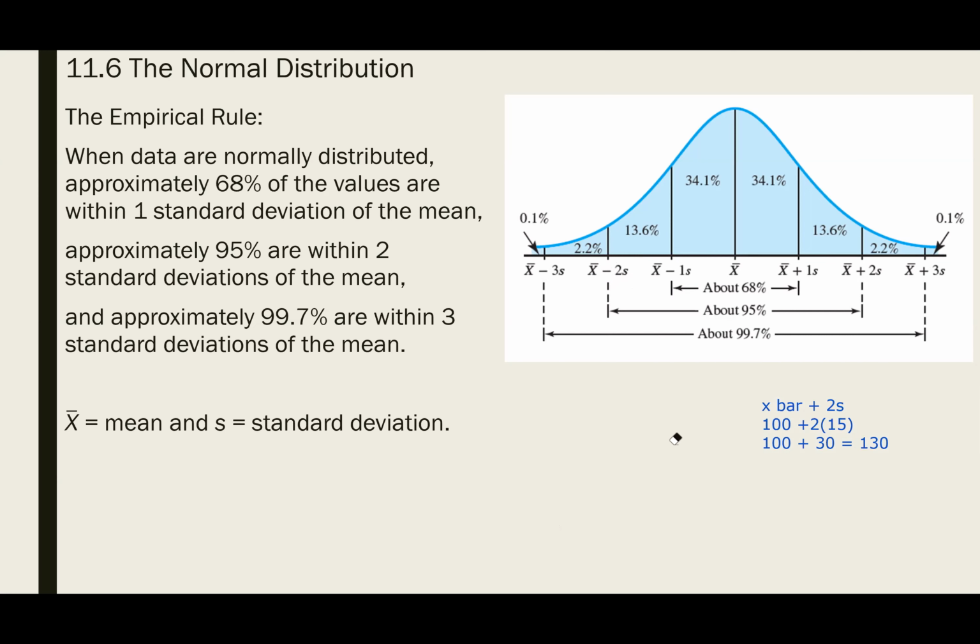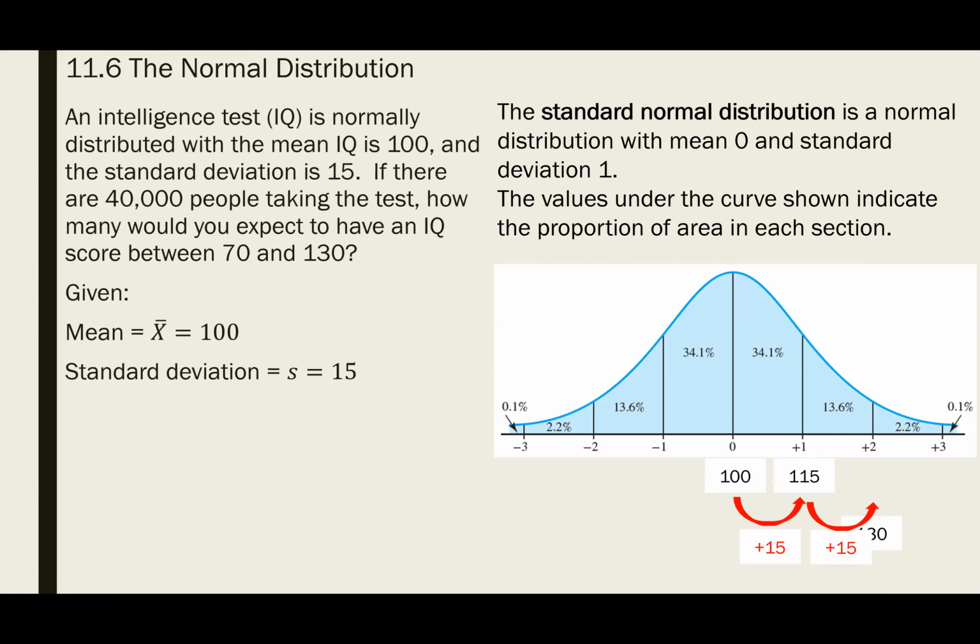Okay, so looking at this item, the number 1, number 2, number 3 basically tell you how many steps you need to take. And in this case, I took 2 steps. Instead of adding 15, I add 30, right?